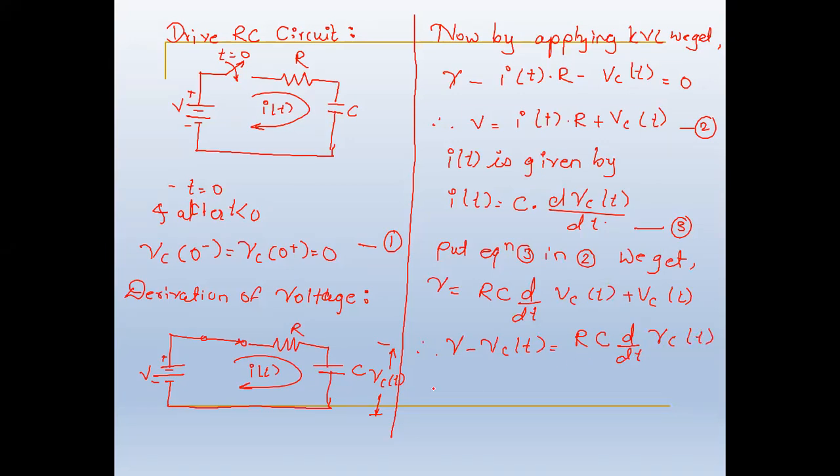Now, by separating the variables, we get 1 by RC into dt is equal to dVc of t by V minus Vc of t.